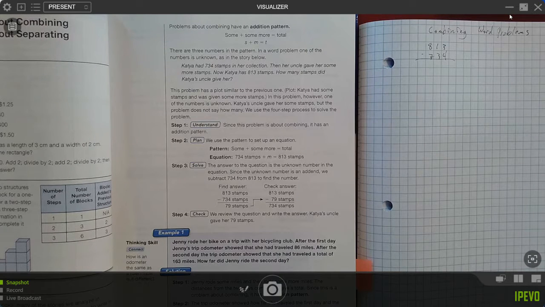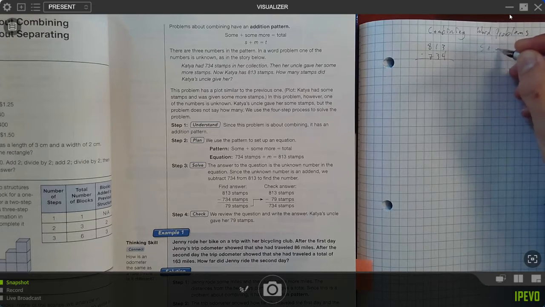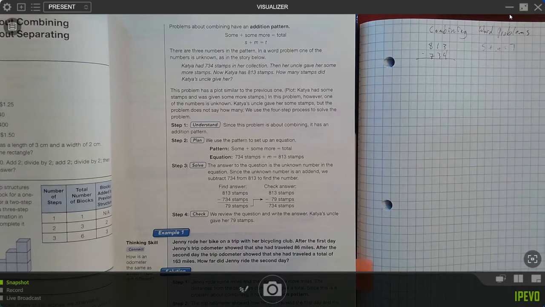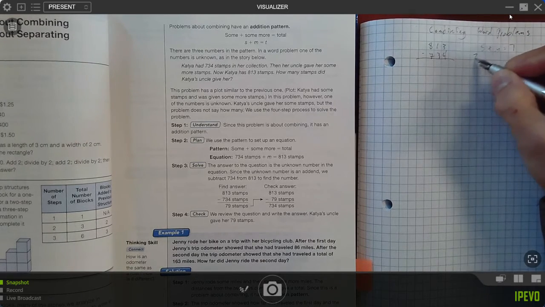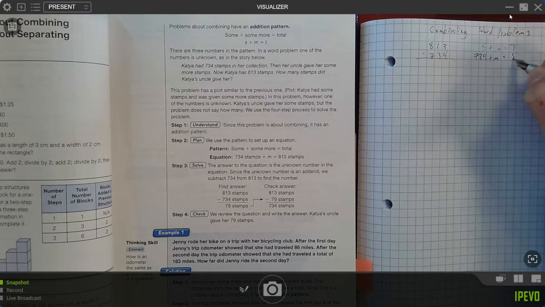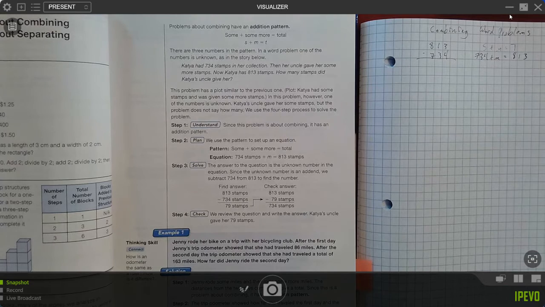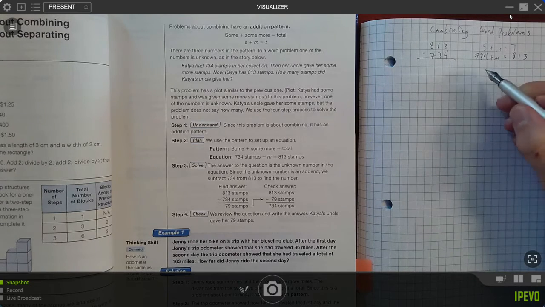Well, this exact question is the same as our addition facts, right? We have S plus M equals total. We know this is 734. We don't know M, and we know the total. Okay. So here, if 734 plus M equals 813, M plus 734 would also equal 813.